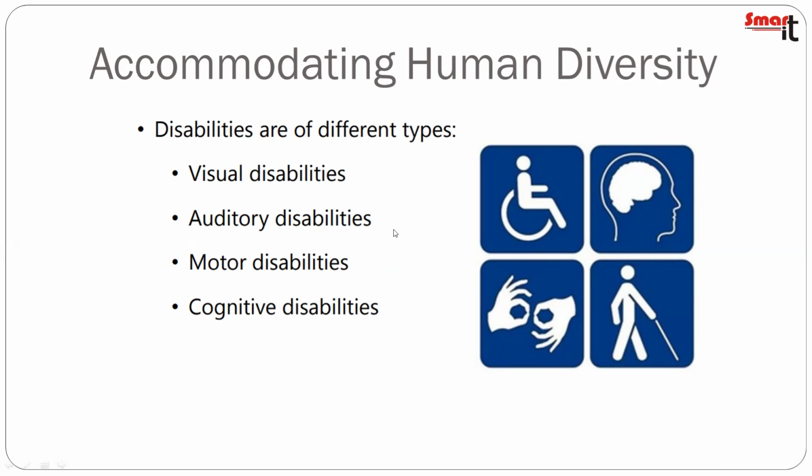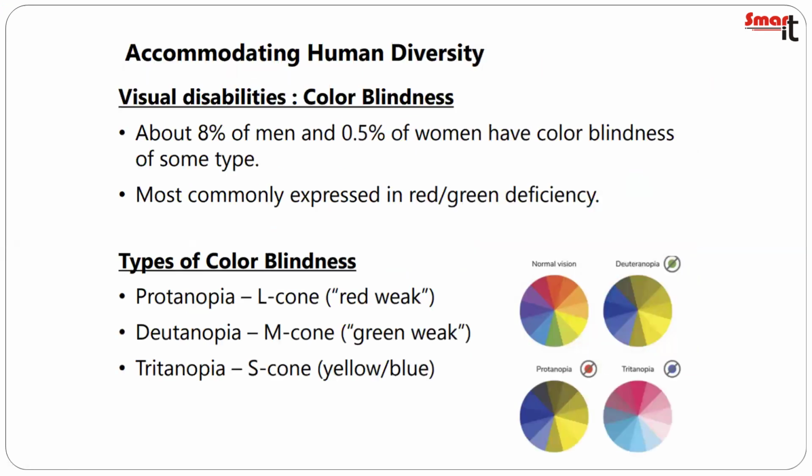Someone cannot understand, someone cannot get things into the brain. There are some disabled people like that. So if you are using some kind of technology or app, you have to consider disabled people as well.